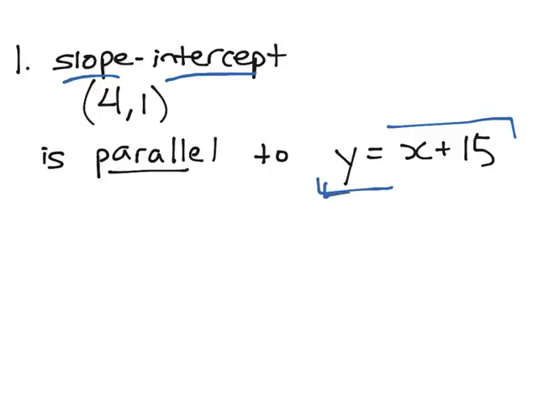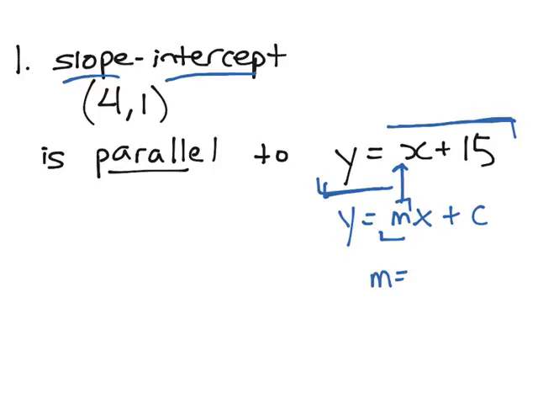Now, this line is already in slope-intercept form. That is the form y is equal to mx plus c, where m is our slope. So using this, we see that our x variable here is multiplied by 1.